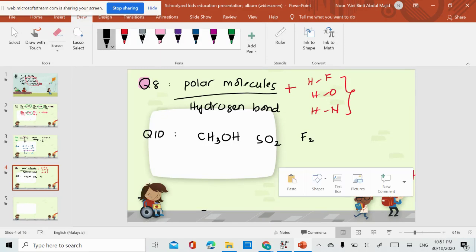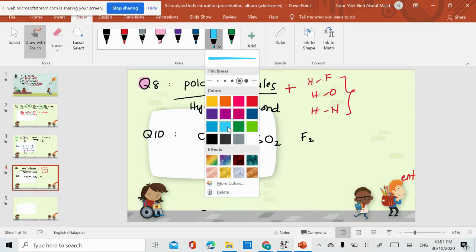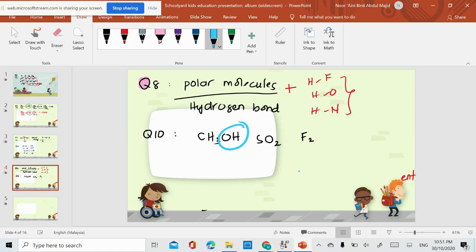So CH3OH has O bonded to H. That means this molecule can form hydrogen bond. SO2 is polar, but no HF, no HO, and no HN. Therefore, it forms only dipole-dipole forces.